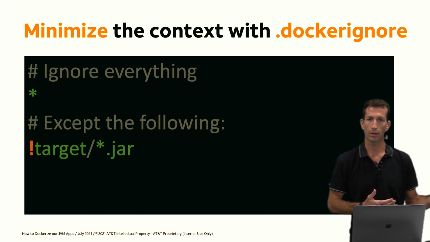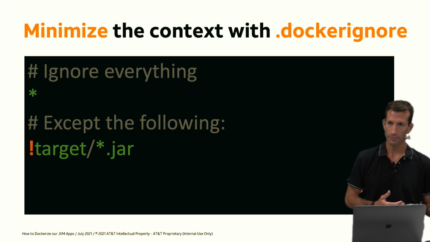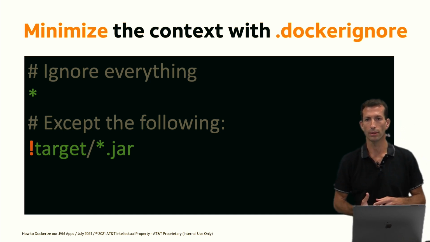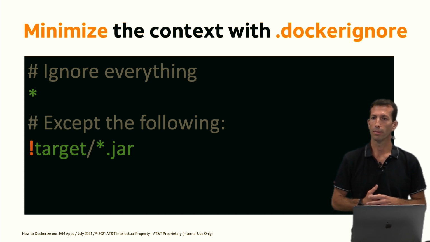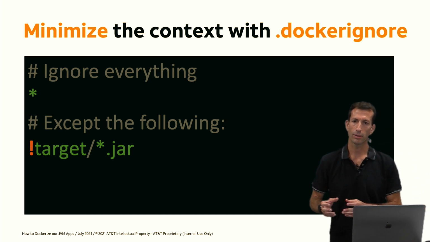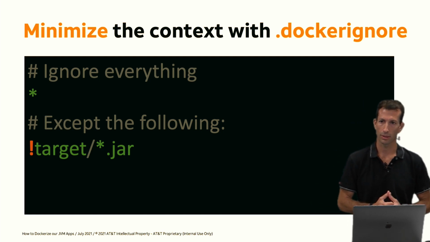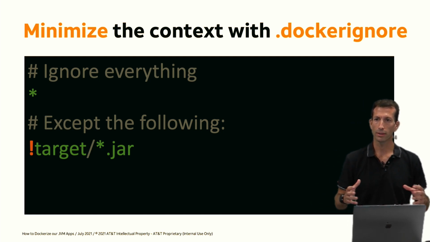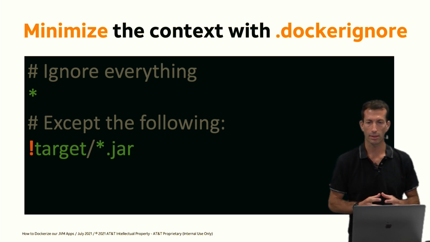It contacts the Docker daemon, the server, that is usually local on my machine as well, just like the client, but it can be a remote server. And then all this context has to be sent to the server. So one thing we'd like to do is minimize this context.